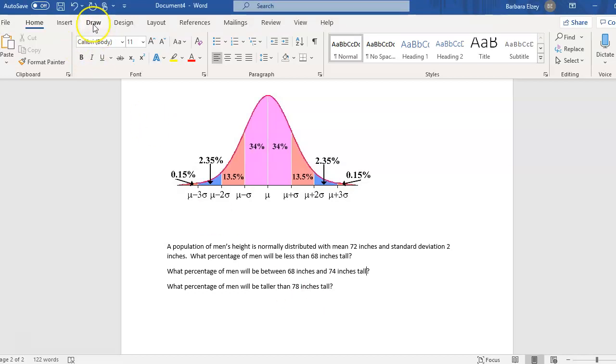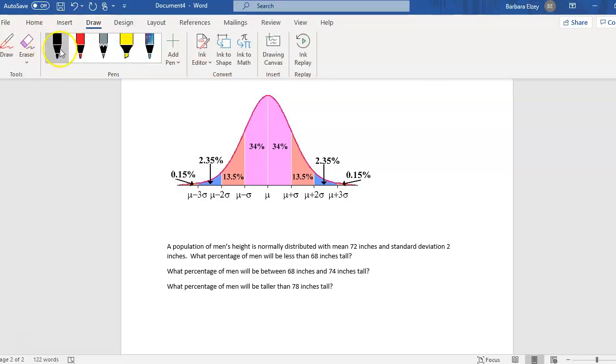All right, now we are going to use the mean and the standard deviation in the empirical rule. So let's put our mean right here in the center. Our mean is 72. And I apologize, I don't draw too well with my mouse. And then let's label the mean plus 1 standard deviation and the mean minus 1 standard deviation.